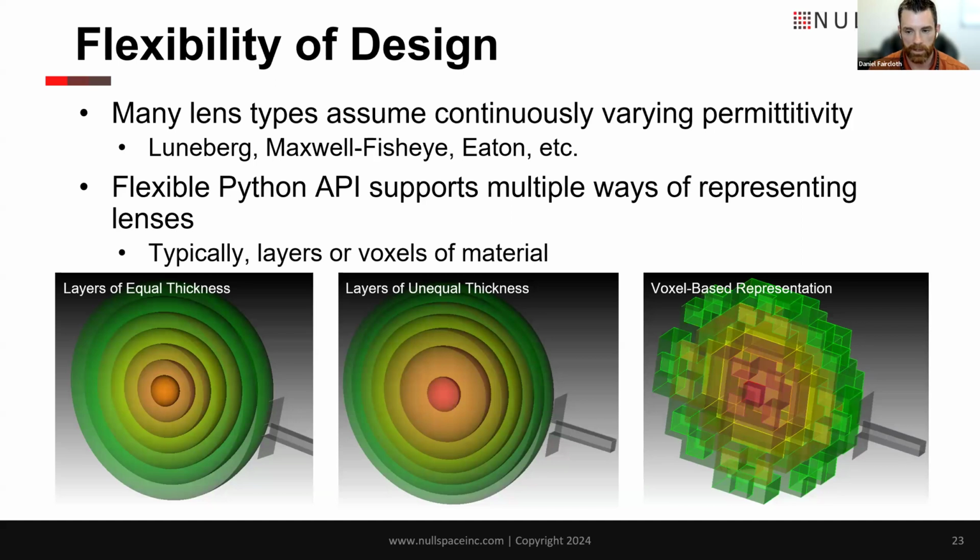Or you can switch to something even more geometrically flexible, such as voxels. And you can see there on the right, that's a voxelized representation of a Luneberg lens, where each voxel has a unique permittivity, as opposed to in the layered approach, where each layer has a unique permittivity.